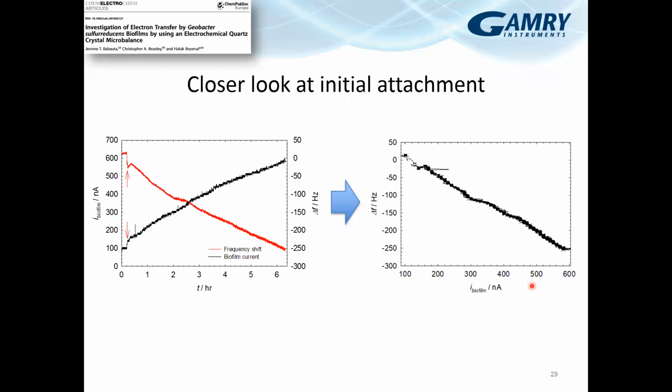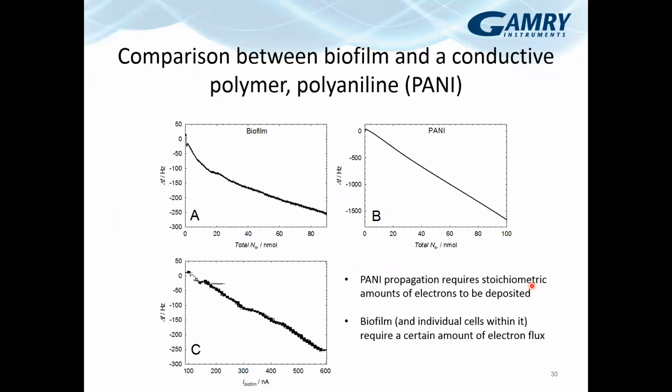Right? And one of the things you can do is compare that to a conductive polymer like polyaniline, and you can track, this is the plot from the previous slide. You can also plot frequency shift with the total amount of electrons passed in terms of moles, right?